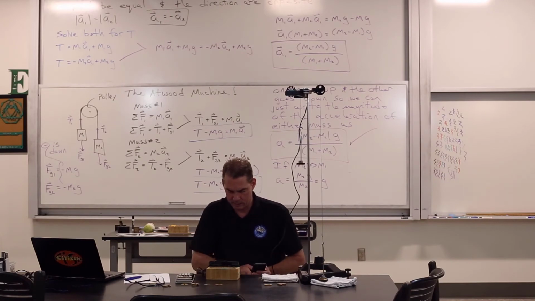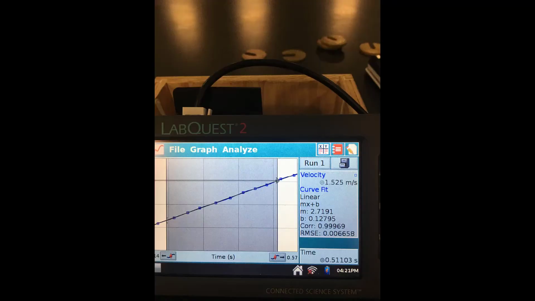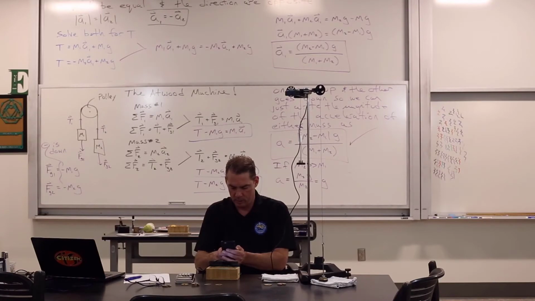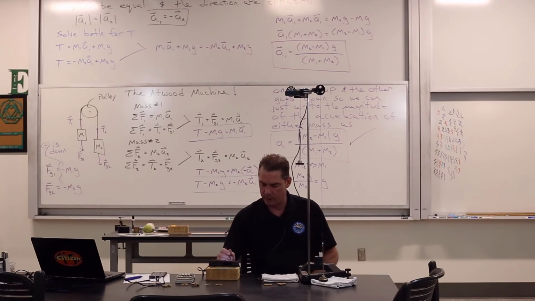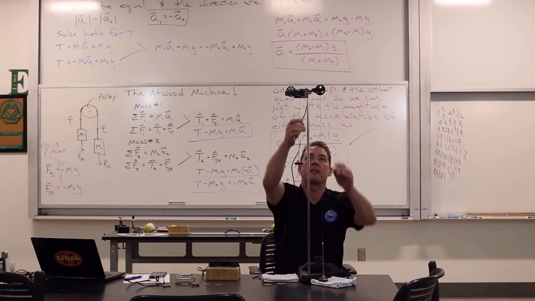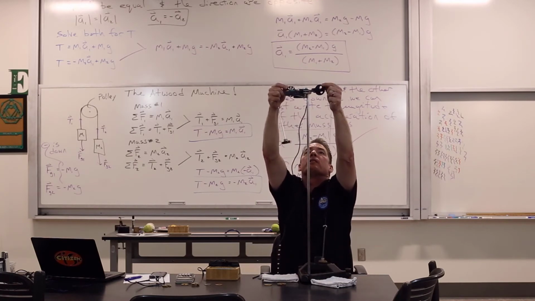It's weird that it looks different. Just have to live with it. Got M for the slope. Must have moved something a little bit. That's okay. Oh well. And we got one more time for this one.